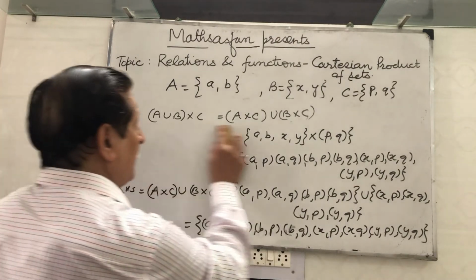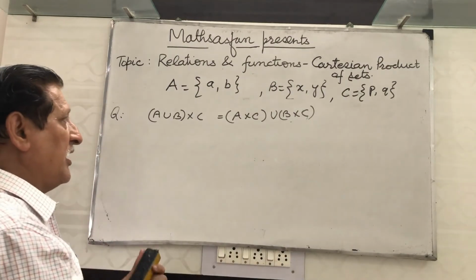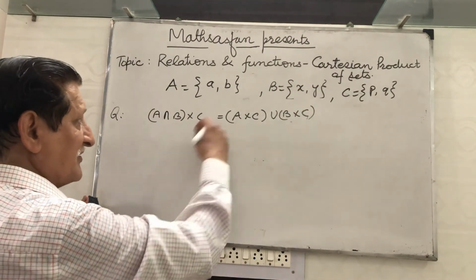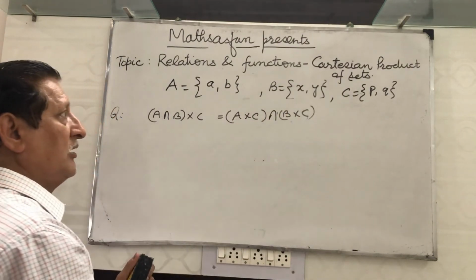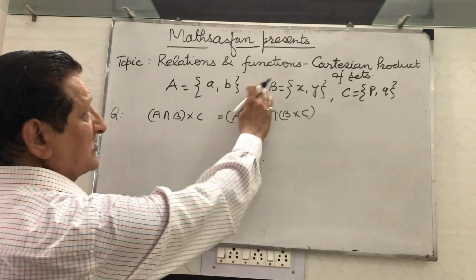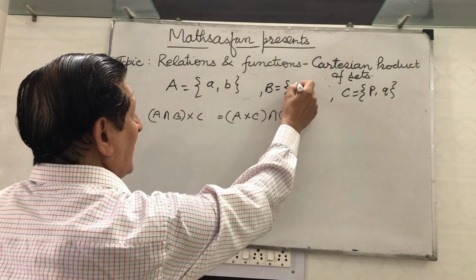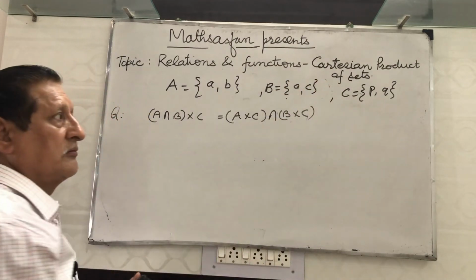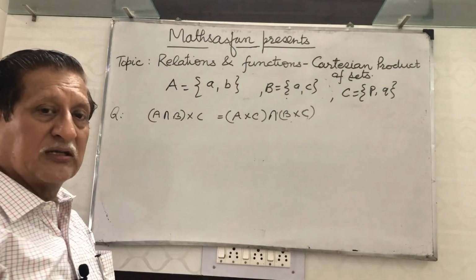In that, if I tell you this is (A intersection B) cross C is equal to (A cross C) intersection (B cross C). But to have intersection, I think this is not the correct way. We can change B to have some elements common, like suppose I take A, C here. And in this C we are taking P, Q only, that's not a problem.